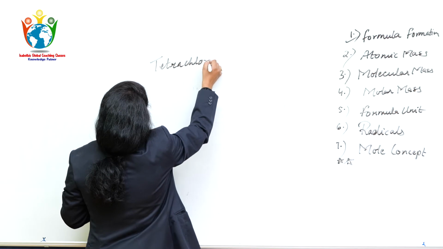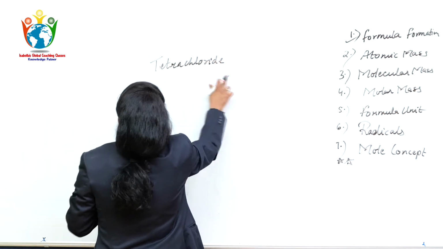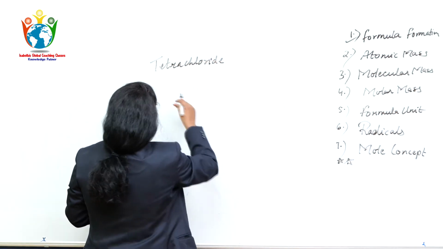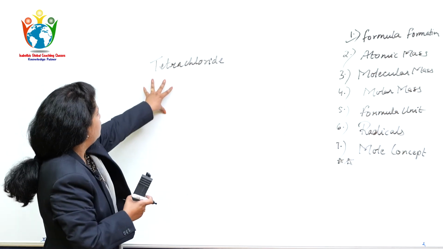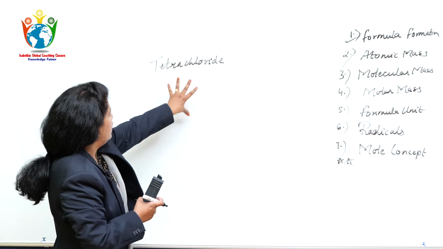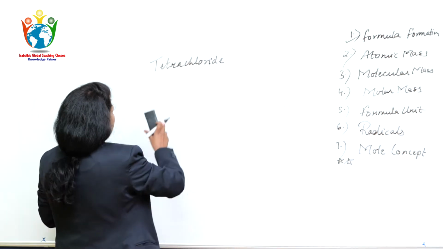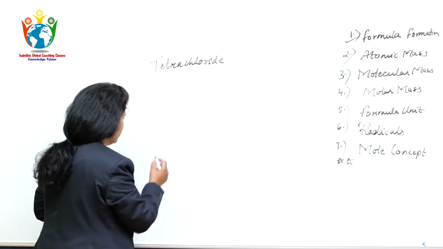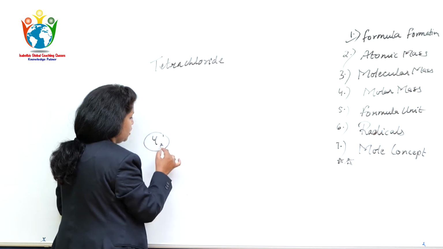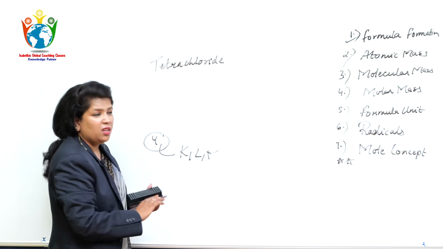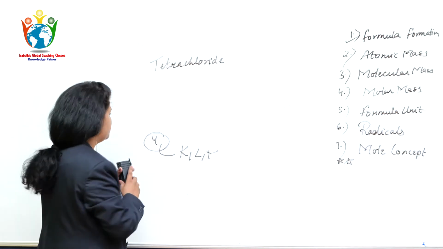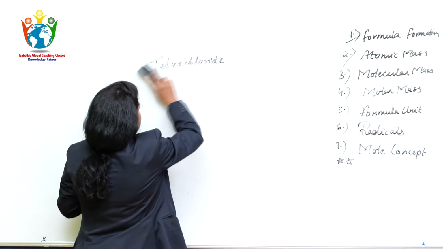Tetrachloride means you have carbon and chloride. For this I need to teach you the 4th chapter, where I need to explain KLM, that is electronic configuration. Then again it is a big topic and you will get confused. Let's not do this now. In the next lecture we can do this.